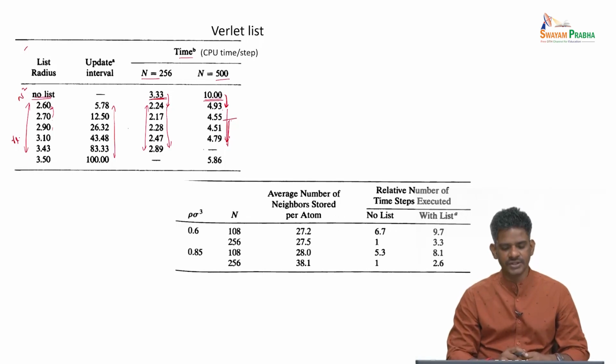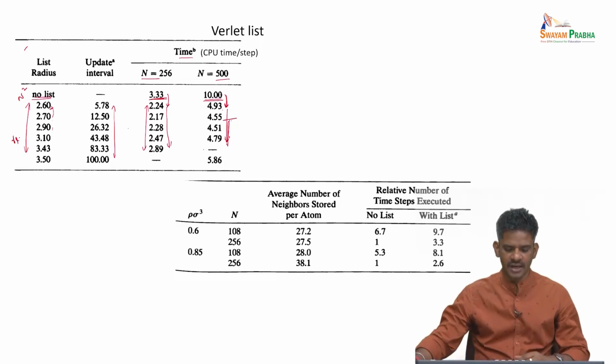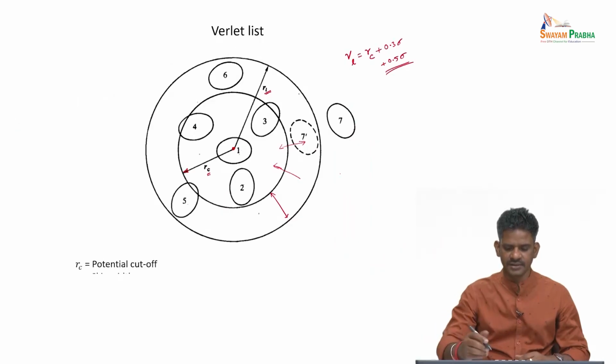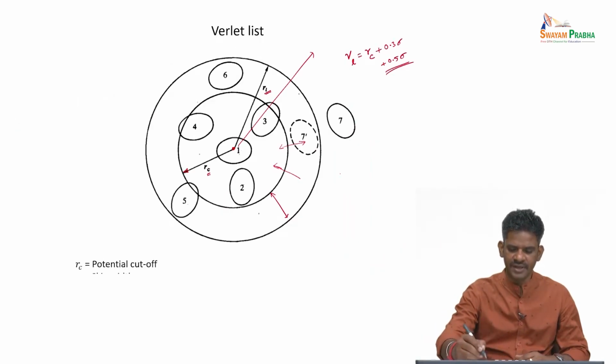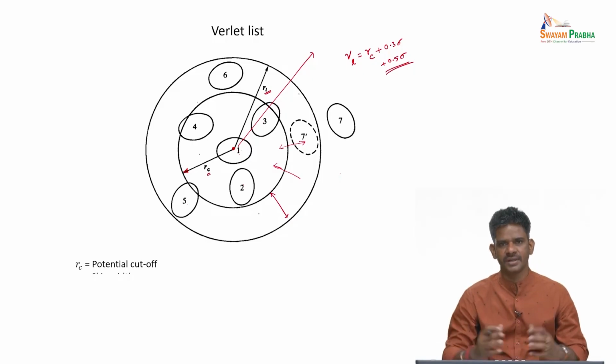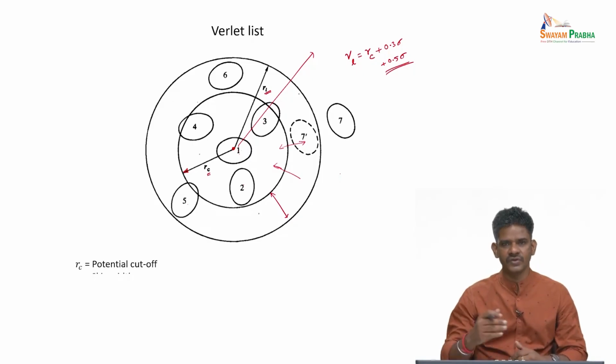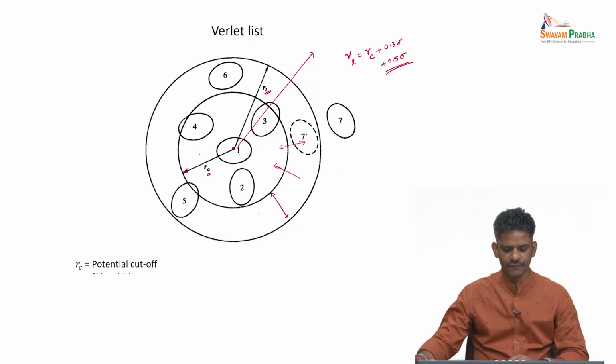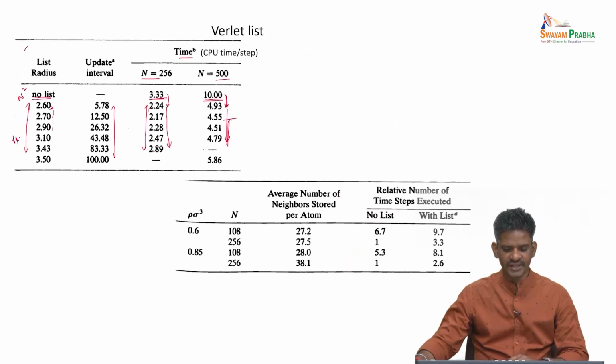list radius? That is because if you keep the list radius big, if you keep this RL big, then you are having more neighbors stored, and then you have to search through this set of neighbors, and those neighbors may not be useful in the calculation of your forces. That's why there has to be an optimal radius.